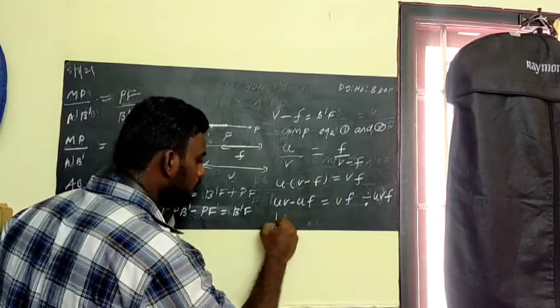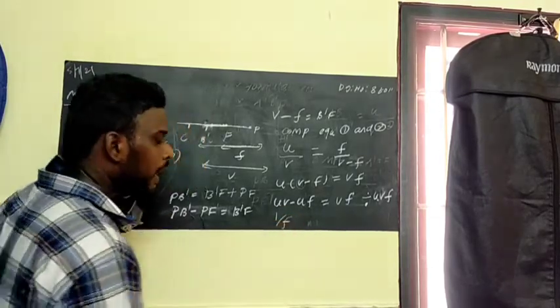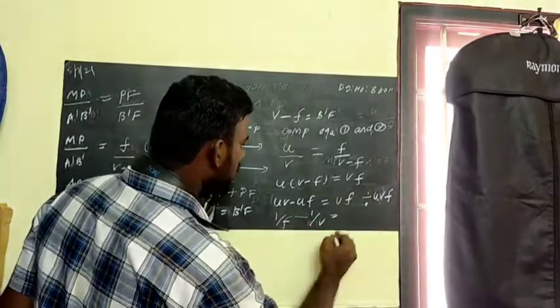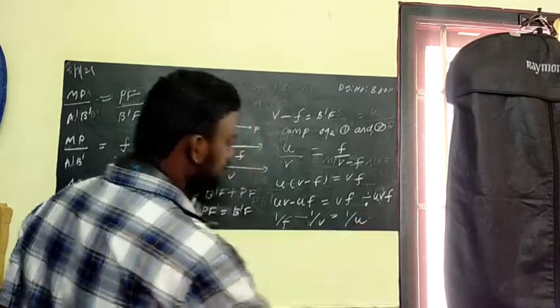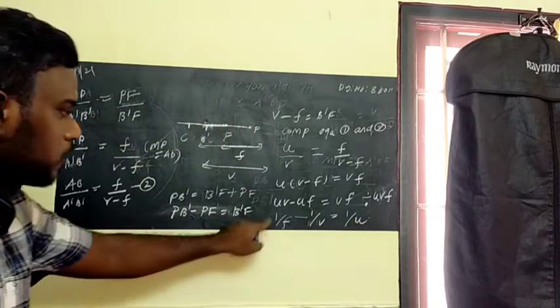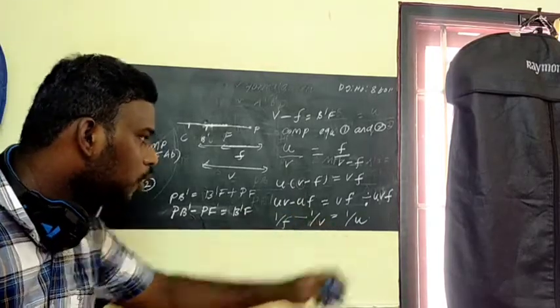We will get 1 by f, 1 by v, and 1 by u. That is 1 by f minus 1 by v is equal to 1 by u.